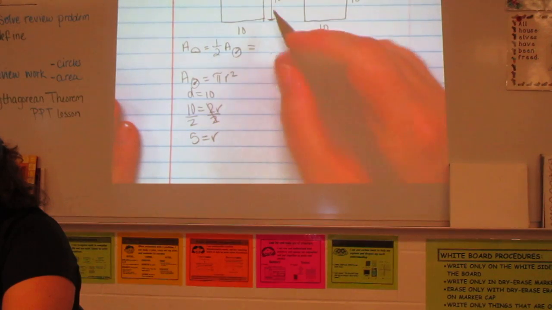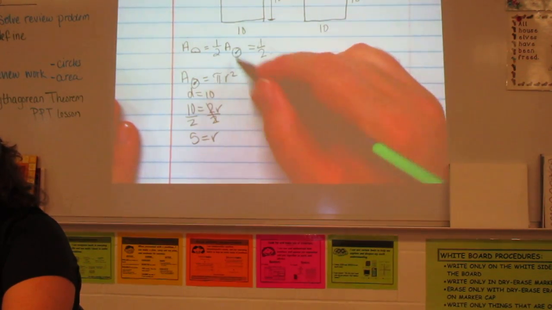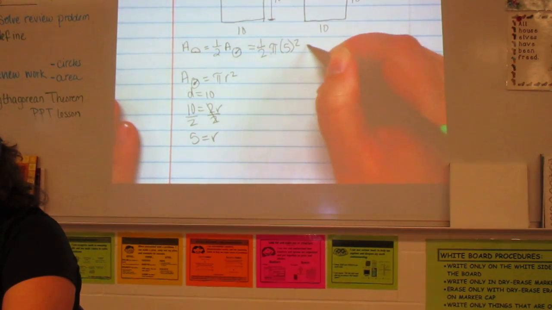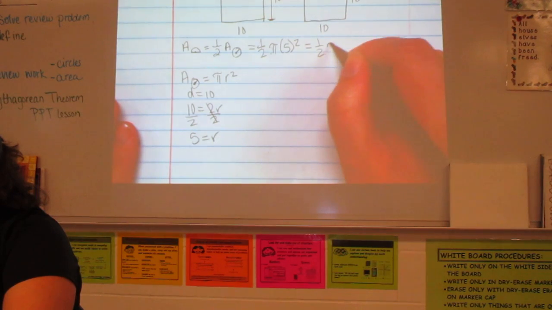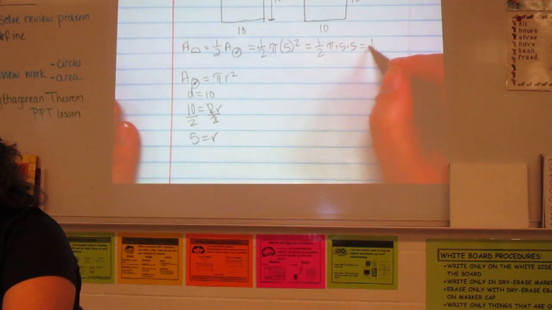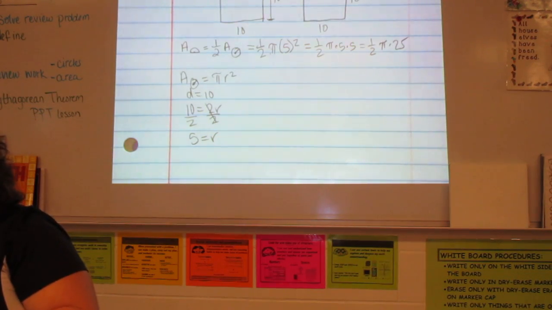Now I can put in my formula, half times the area of a circle, which is pi r squared. So half times pi times 5 times 5, which is half times pi times 25.